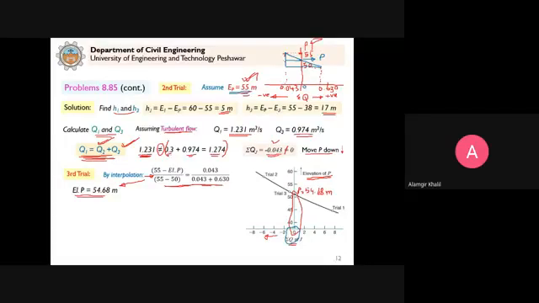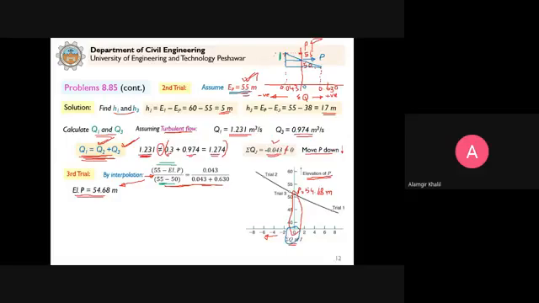Look here, 55 minus elevation of P. It means it is this distance here, 55 minus elevation of P, and then we divide by 55 minus 50.